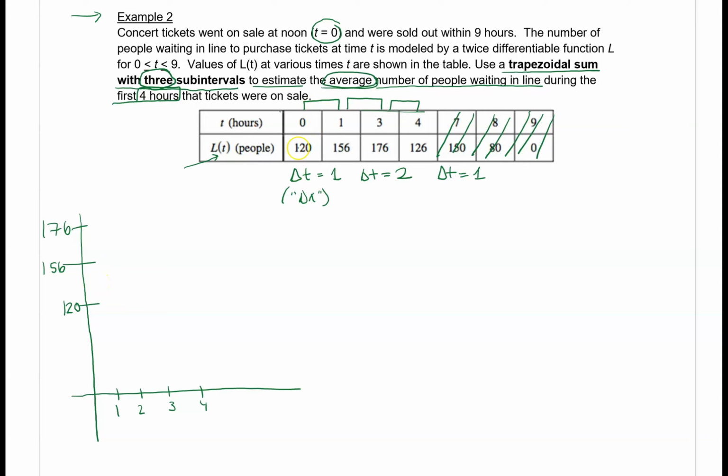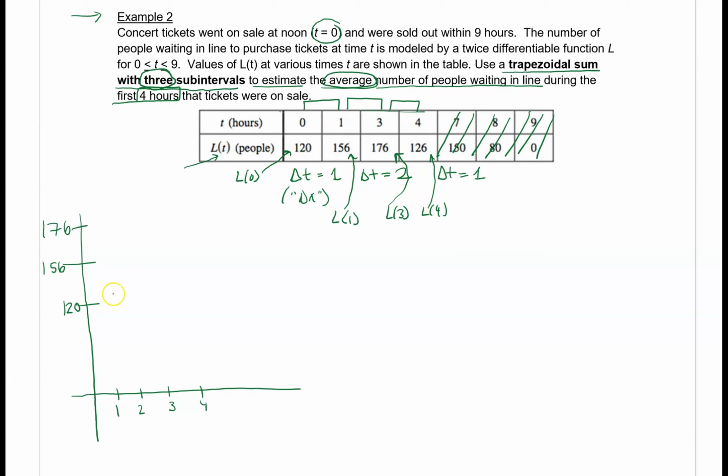So my first trapezoid would have a base 1. So this is my L of 0, which will be base 1 of my first trapezoid. And this guy, the 156, is my L of 1. 176 is my L of 3, and 126 is my L of 4.